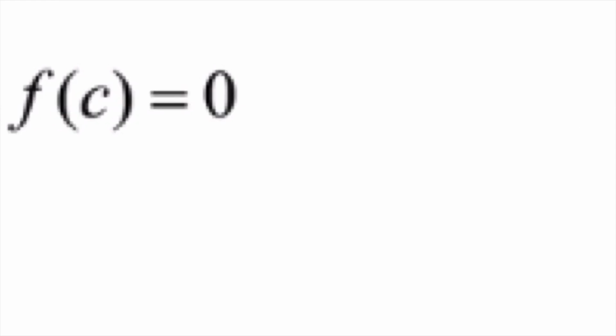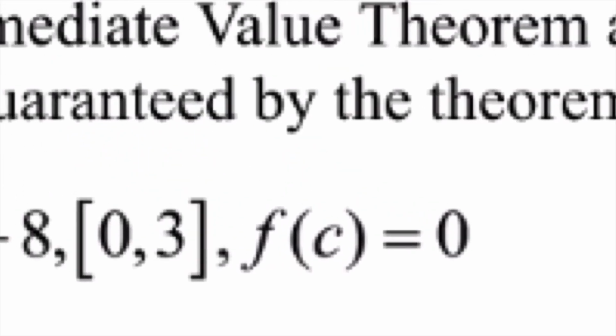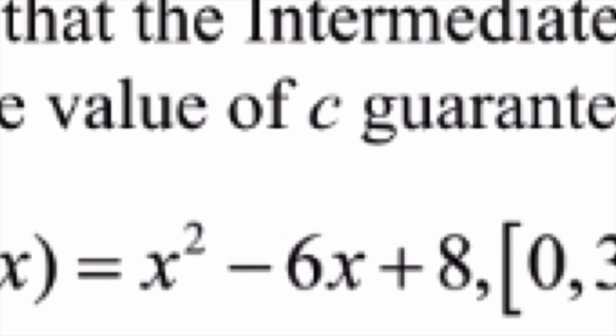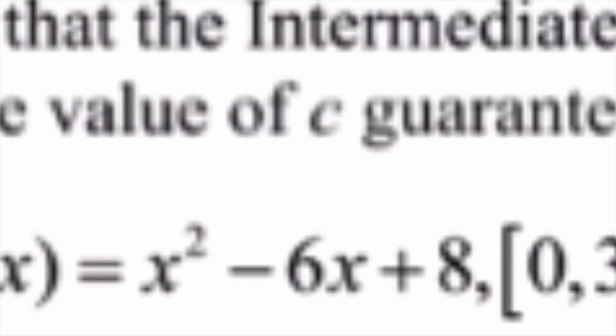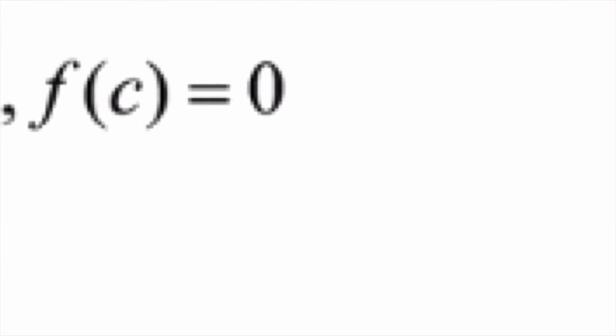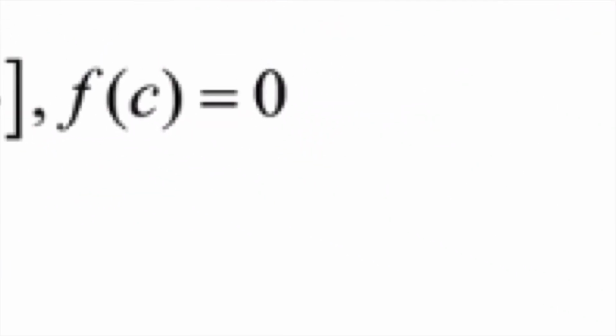F of C. Well, let's go back to the question. What does it say C is going to be? C is what? What are the 2 words before it? Value. It's going to be a value, right? It's going to be a number. There's going to be a number in there for C. Okay.